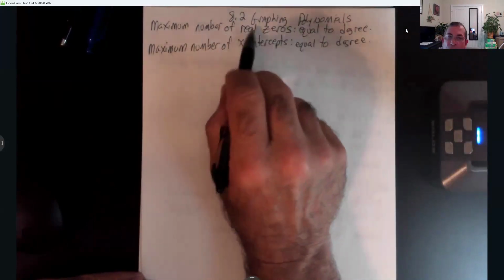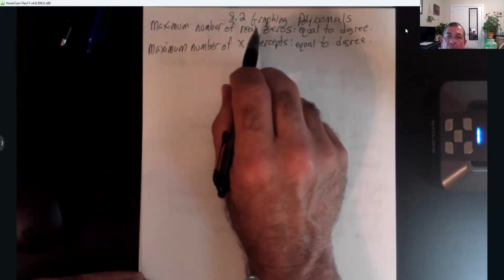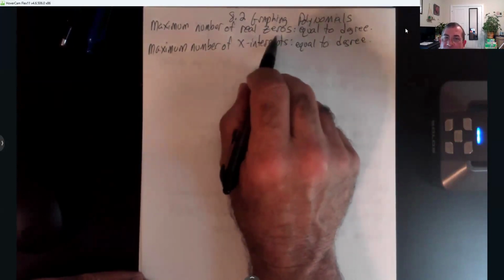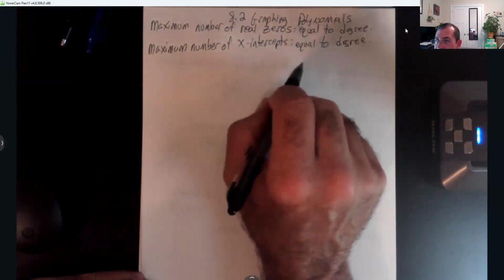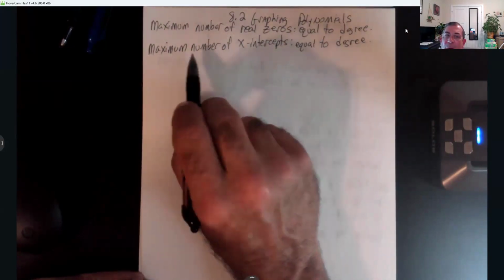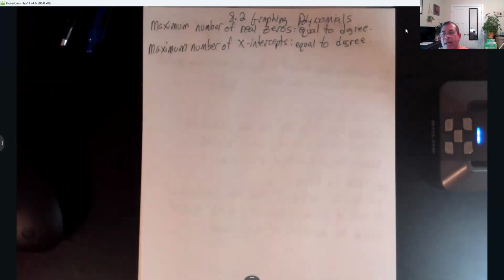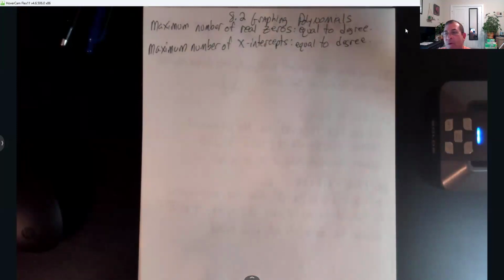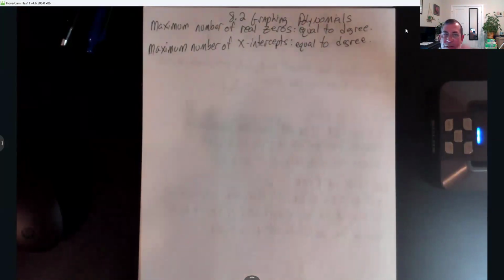And y'all, these two are always going to be the same, okay? If it crosses 3 times and has 3 zeros, then it's going to have 3 x-intercepts. Now, the reason it's the maximum number of x-intercepts, because sometimes if you have imaginary zeros, they don't cross over the x-axis. So that's why we say the maximum number of x-intercepts.